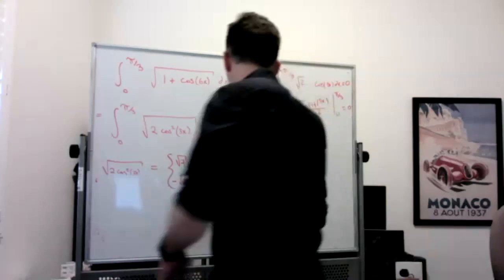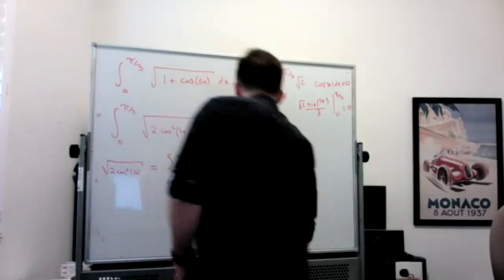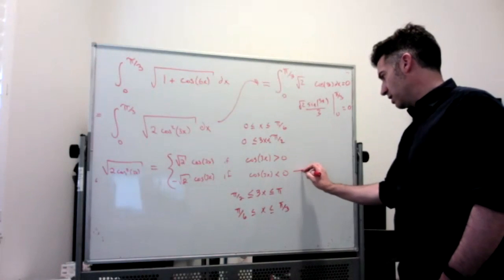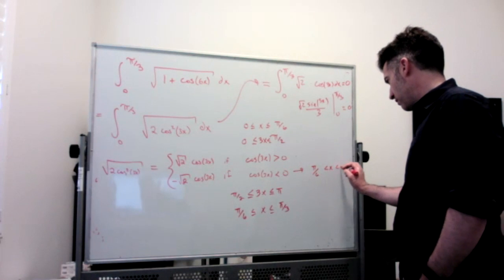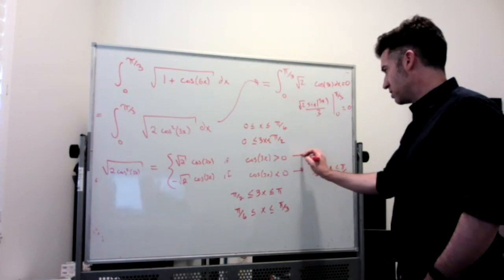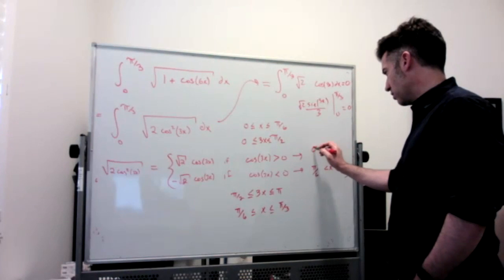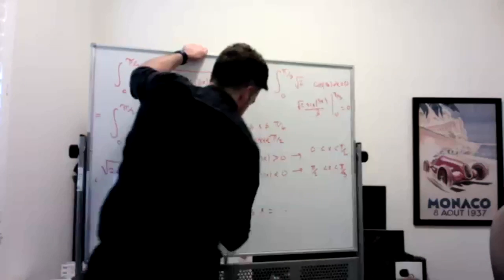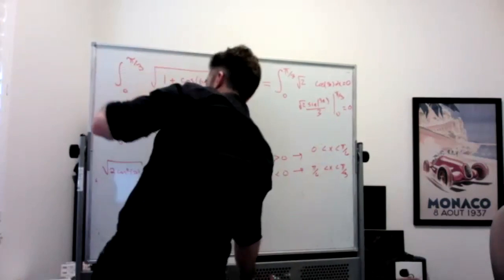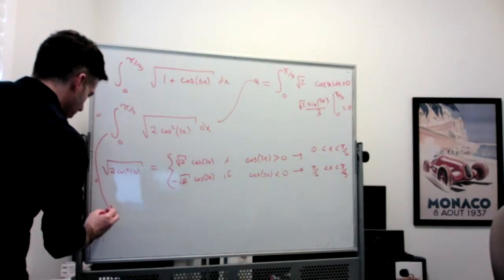So what you actually have to do is, I'm gonna write this over here. So this is when x is between pi over 6 and pi over 3. And this is when x is between 0 and pi over 6. So I can use this space here. We actually have to break this integral up into two pieces.